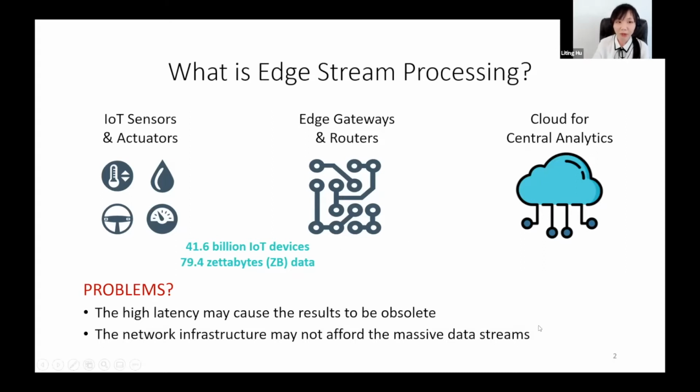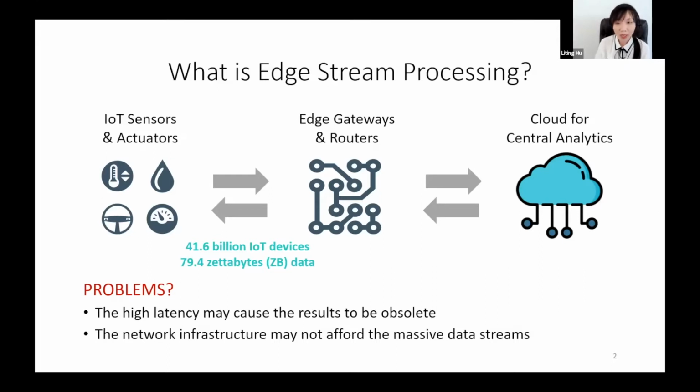However, today most IoT applications adopt the server-client architecture. So let us see this figure. The IoT sensors transfer data by using edge gateways and routers and then send it back to the cloud for offline analysis. The long distances between the sensors and the cloud may cause many issues.